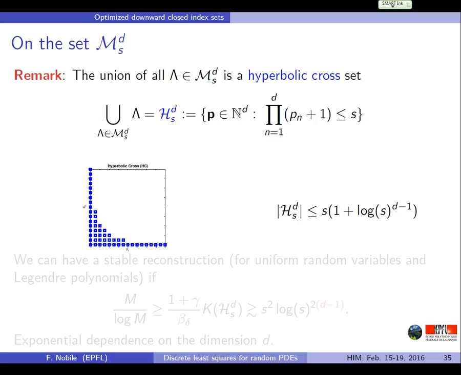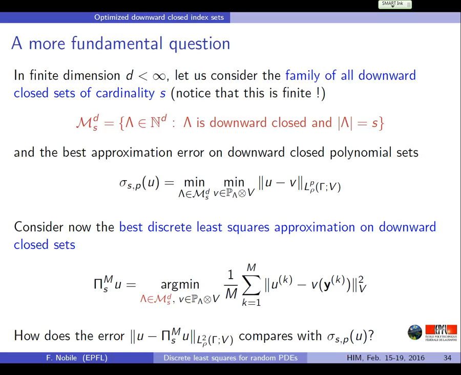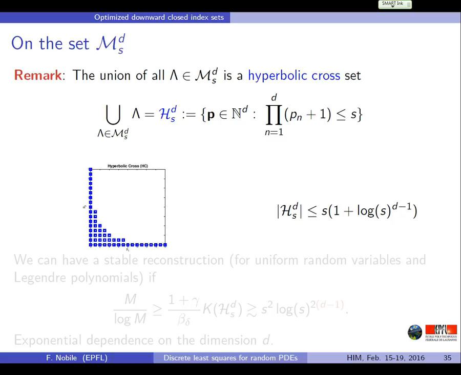Now this is a nice fact. If you take the union of all downward closed sets, it is what is called the hyperbolic cross. So you can show that the union has this shape, where you are putting a constraint that the product of the polynomial degrees of each monomial in the set is bounded by S, smaller or equal to S. So when we restrict the search to this set here, we are sure that we will pick up any downward closed set of cardinality S within this set.